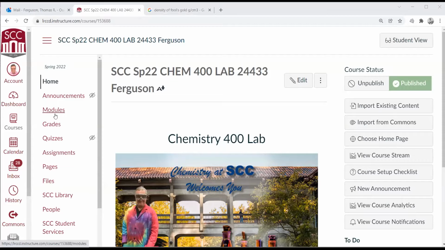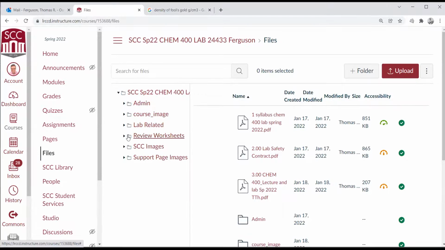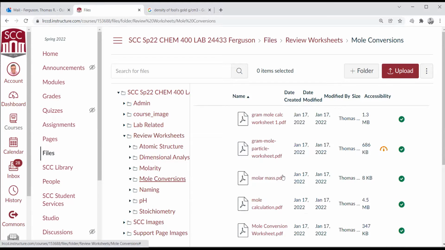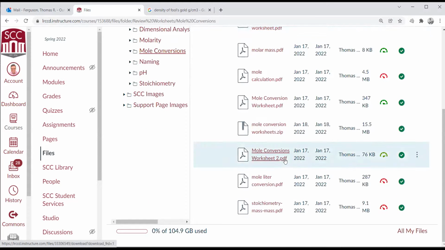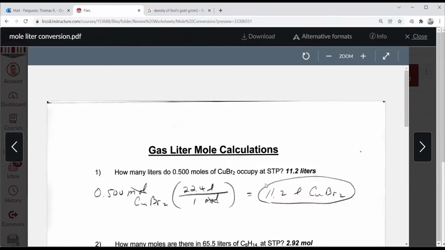I'm going to go to modules or files. Since we don't want to download them all, just go to files, lab review sheets. This is under mole conversions. And here's a whole bunch of worksheets on mole conversions. These liters are for gases at standard temperature and pressure.